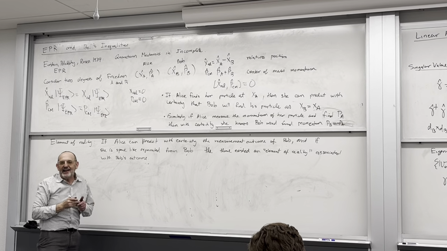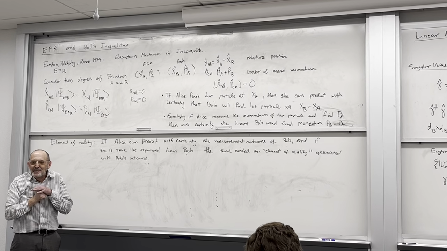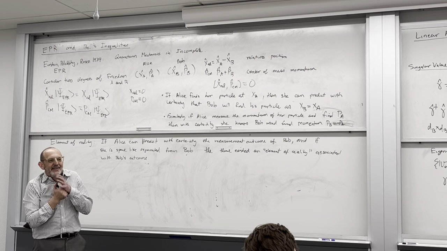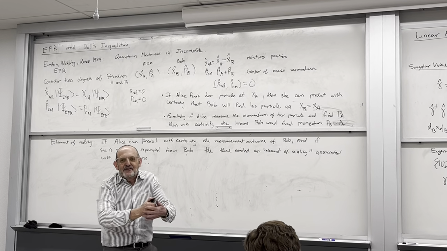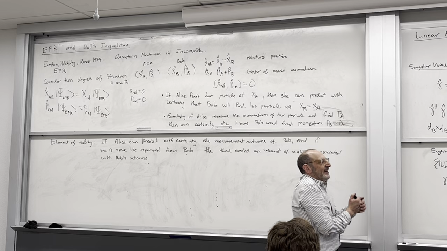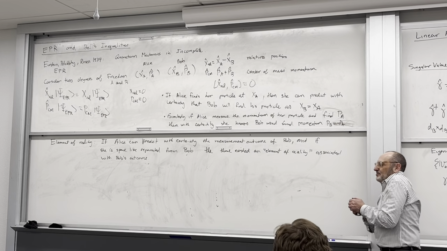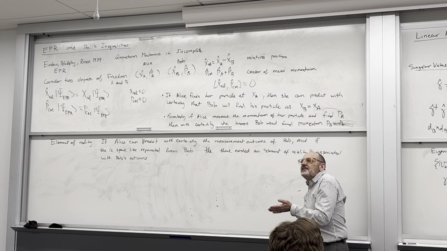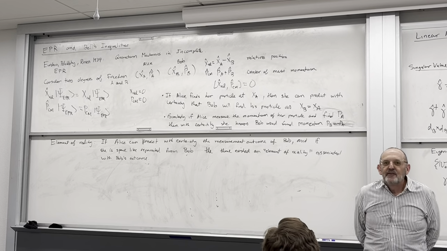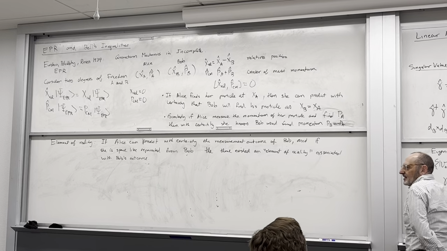Let's try to unpack that. It's worth just thinking about what that means. When Brandon and I did the experiment, he predicted that my cap was blue. He could predict that with certainty because of the correlations that pre-existed between those two caps.